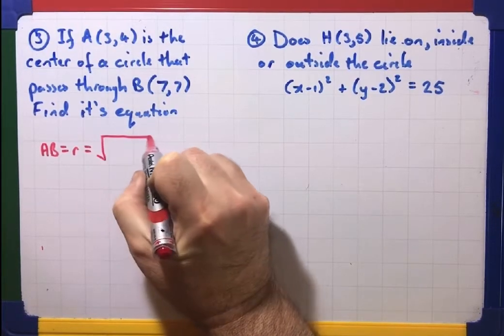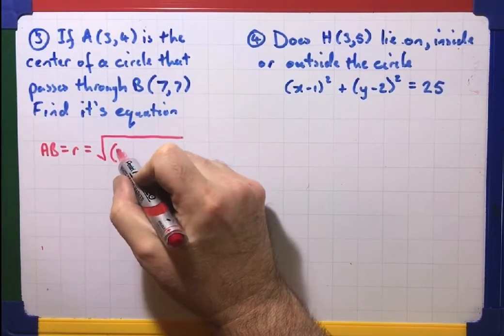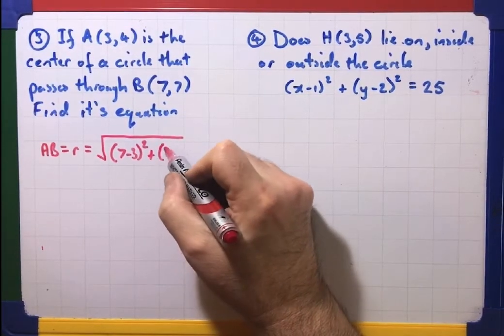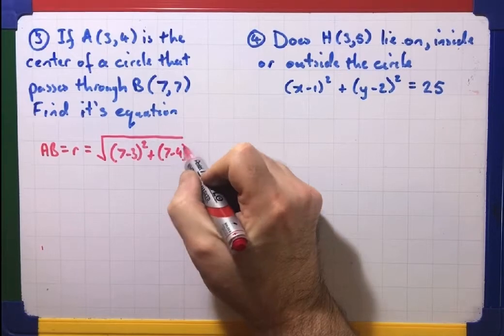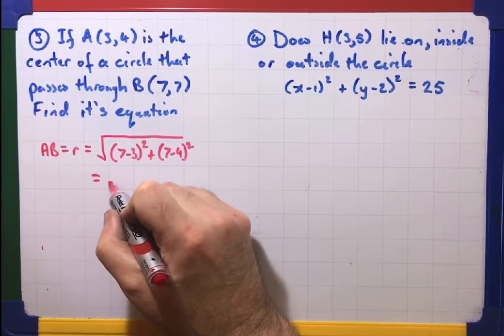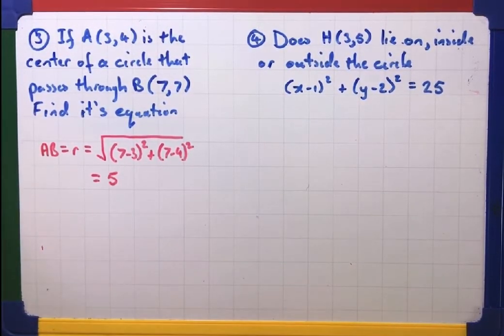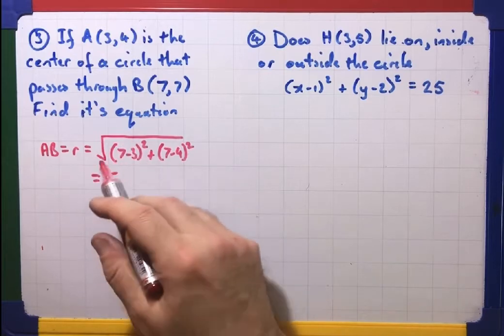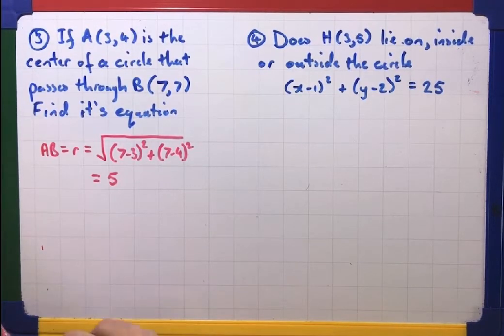Using our distance formula, (7 − 3)² + (7 − 4)², that gives me 4² + 3², which is 16 + 9 = 25, root 25 is 5.